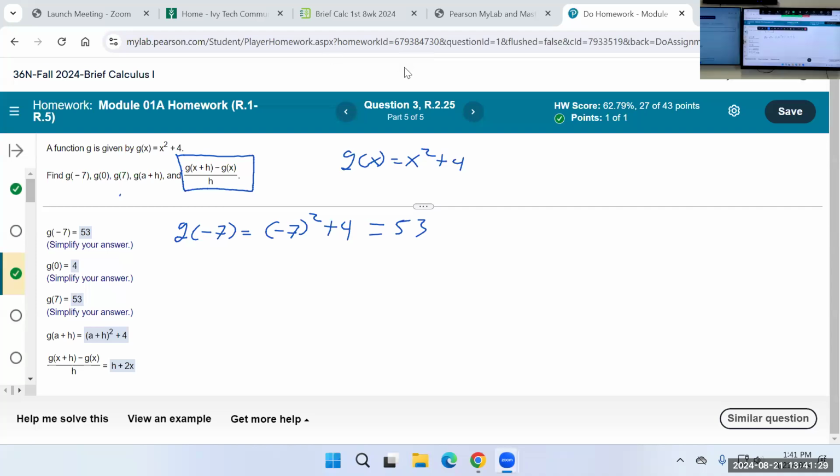Okay, Olivia can't see the screen. Zoom says it is showing. Maybe, Olivia, you have it minimized. Zoom says it's displaying it. All right.